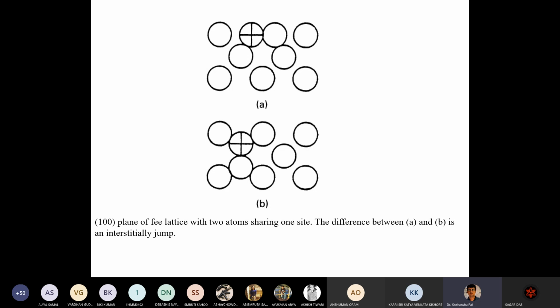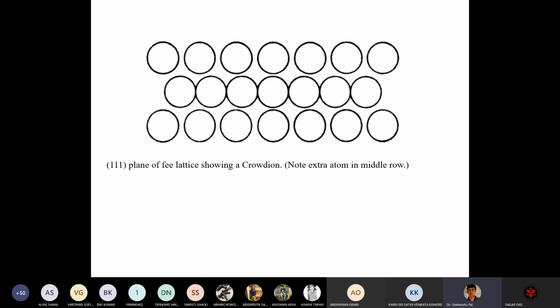In the picture is the 110 plane of an FCC lattice with two atoms sharing one site. The difference between A and B is just the interstitialcy configuration. So now you understand that displacing several atoms from their equilibrium positions creates a distortion, and that actually leads to crowdions.